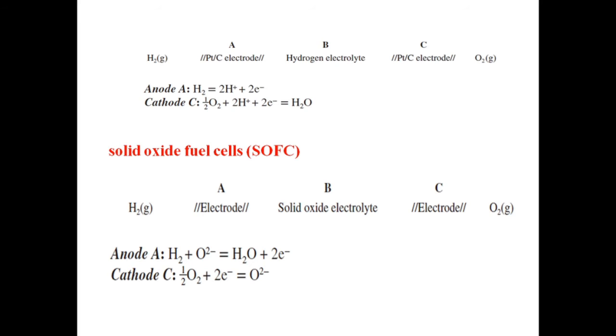Fuel cells have been around for quite a long time. It was in 1839 that William Grove, a Welsh physicist, made the first working fuel cell. But not until 1959 did Tom Bacon at Cambridge University produce a stack of 40 alkaline fuel cells that produced 5 kilowatts of power.